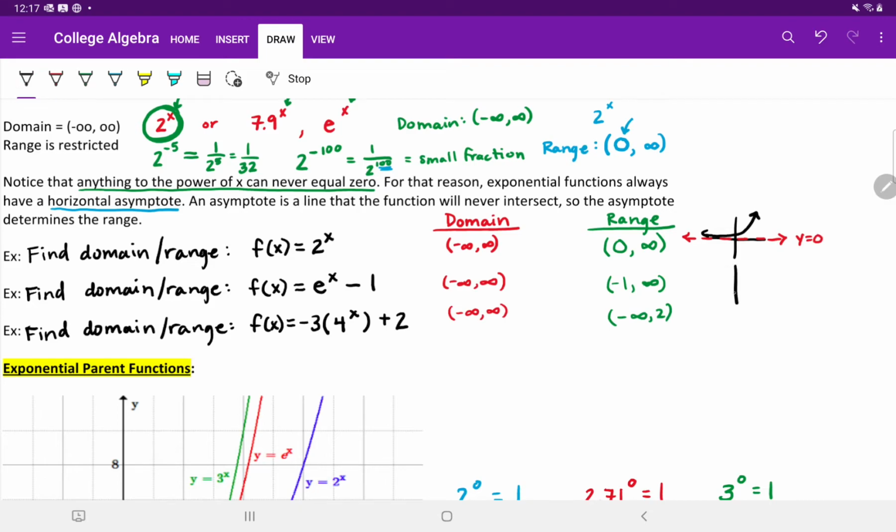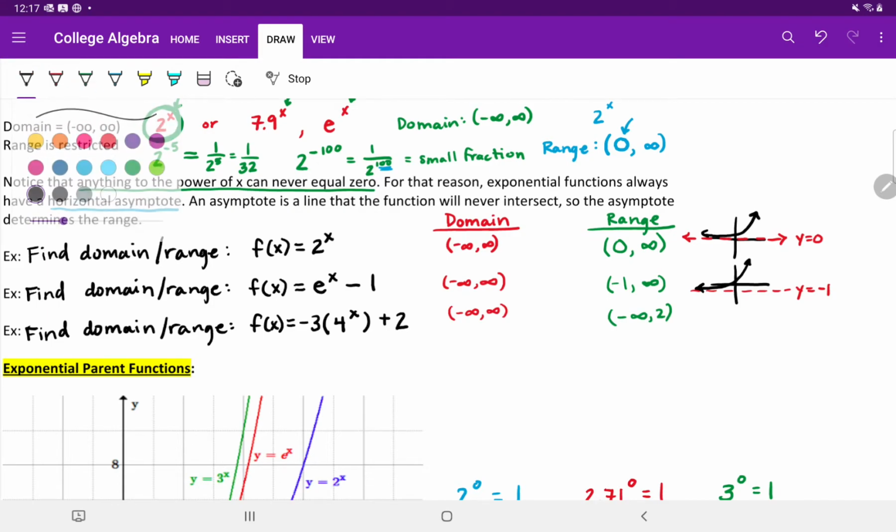For the next example, our function is going to get really close to -1, but it's never going to actually cross it. So we have a horizontal asymptote at y equals -1, and that informs our range as well. And then finally, for our last example, we had an upside down exponential that's approaching 2.